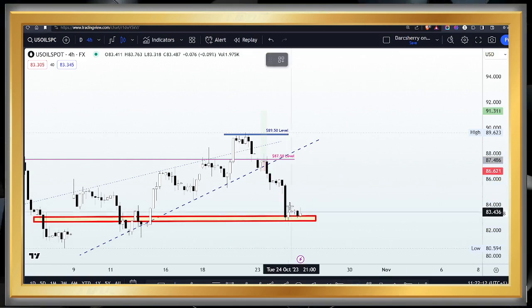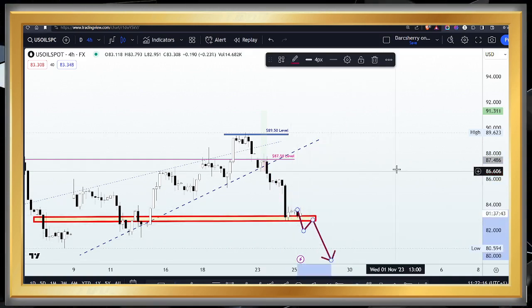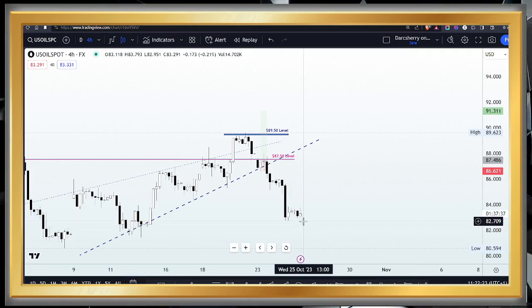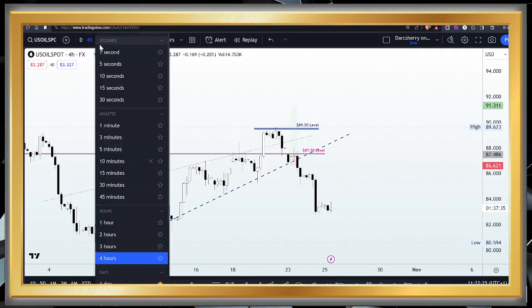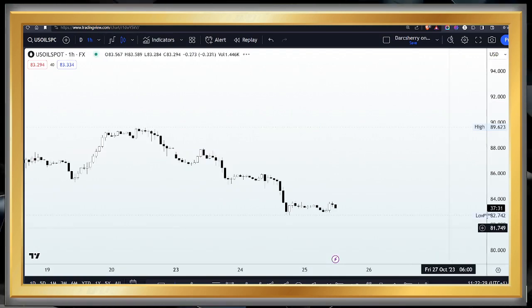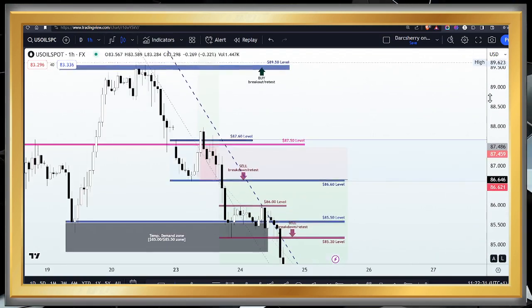And in fact, if price breaks down the $83 level, this might be another avenue for sellers to pump more positions into their trade. So with that being said, let's dive right into the 1 hour time frame to see how market participants are actually reacting to that current structure.